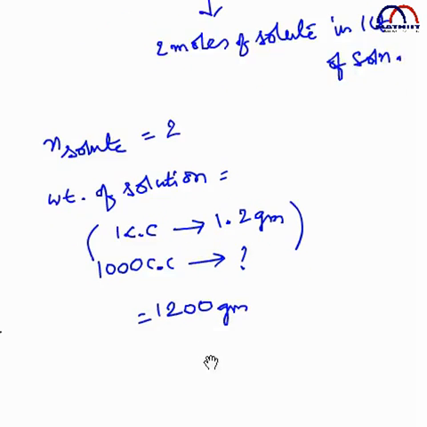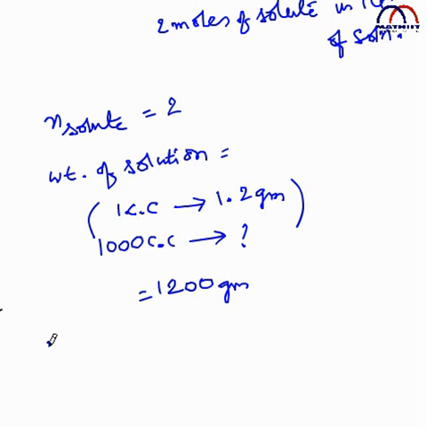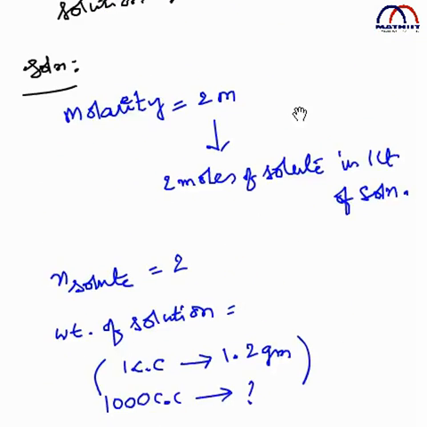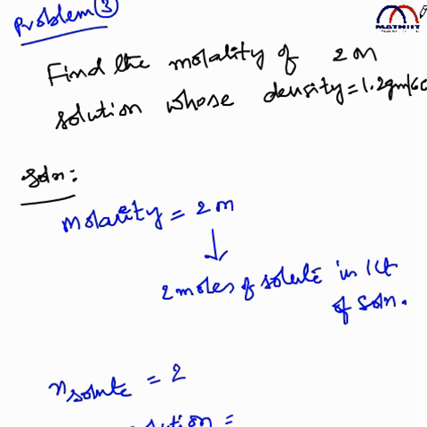Now from this can we get the weight of the solvent? Weight of solvent is equal to 1200 minus the weight of the solute here. What is the solution? The nature of the solution is given as 2 molar. Let us take it as a 2 molar NaOH solution.